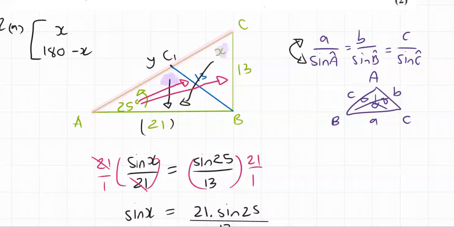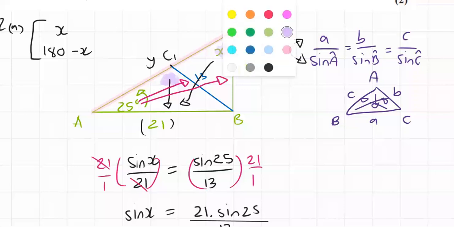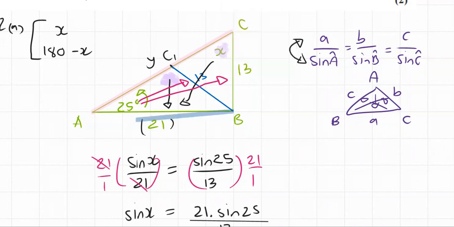Well, if AB is the longest side, this is AB, then we can't have AC being that pink line being so long.